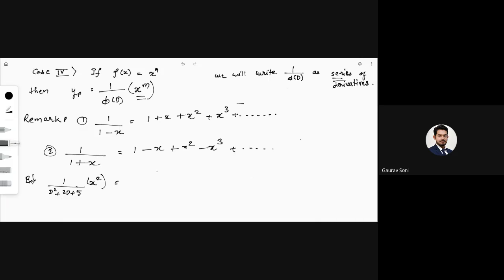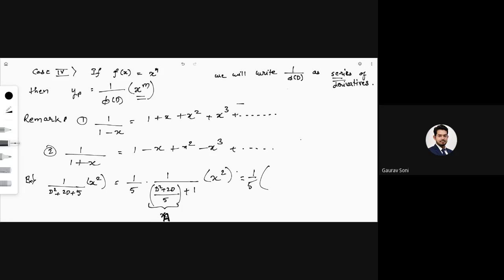So what I will do is I'll take 5 common in the denominator. So what I will have is d square plus 2d divided by 5 plus 1, times x square, which say I'm calling this x, I mean say capital A. What will be the series of this? 1 upon 1 plus A, with 1 by 5 outside in the bracket.